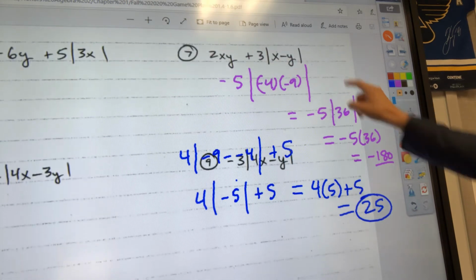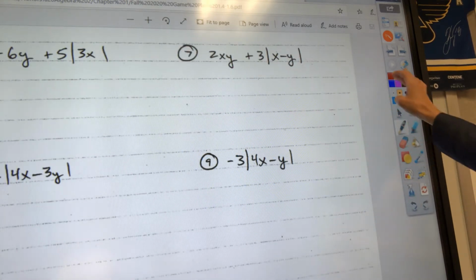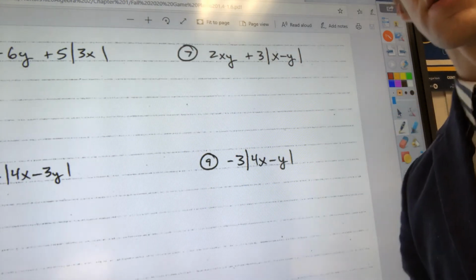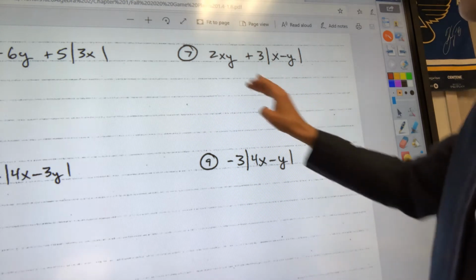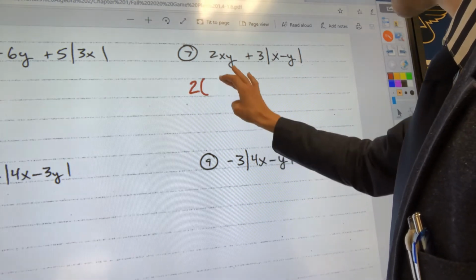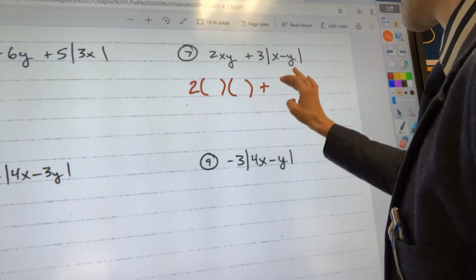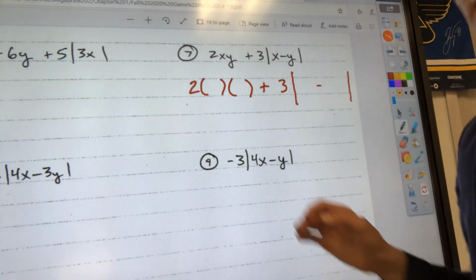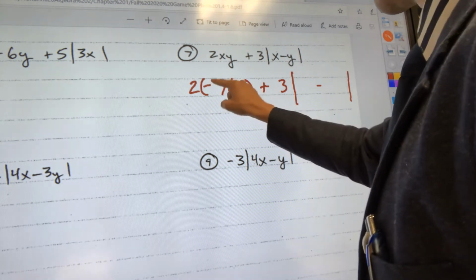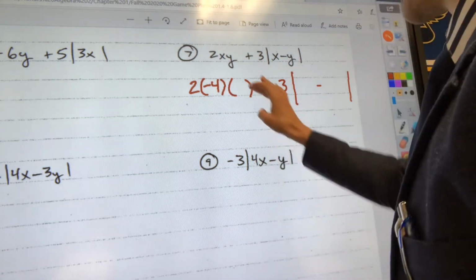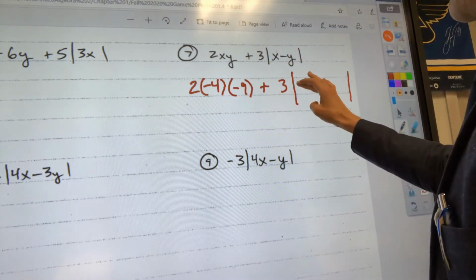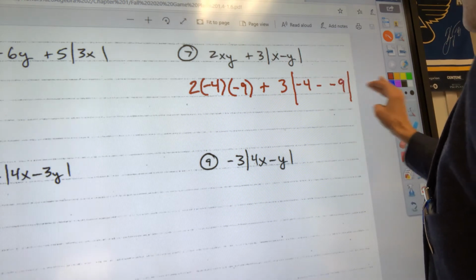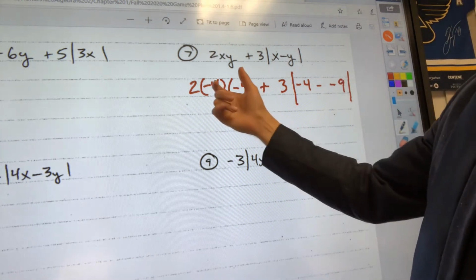Let's talk about 7. 2 times the absolute value of x minus y. x is a negative 4, y is a negative 9. What do you get here?